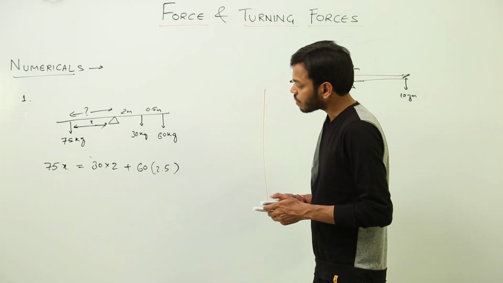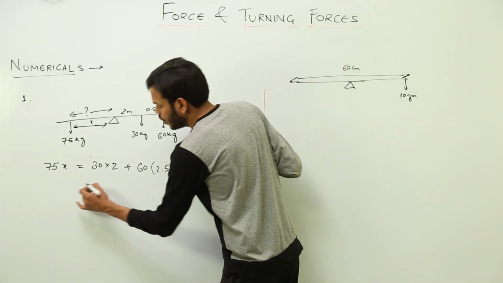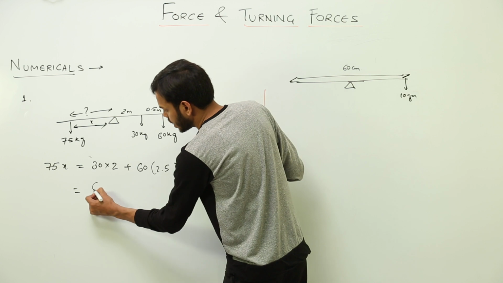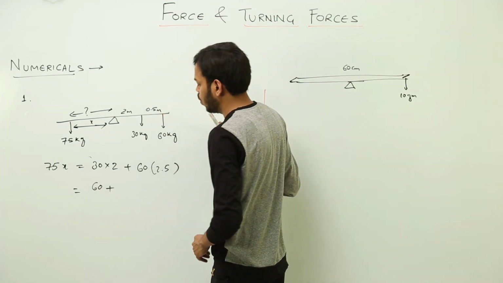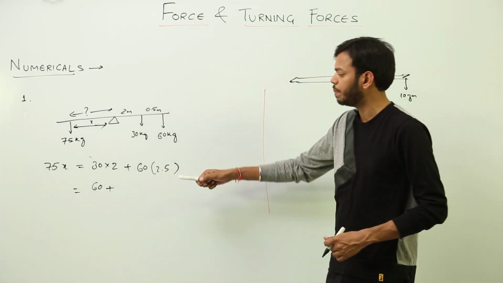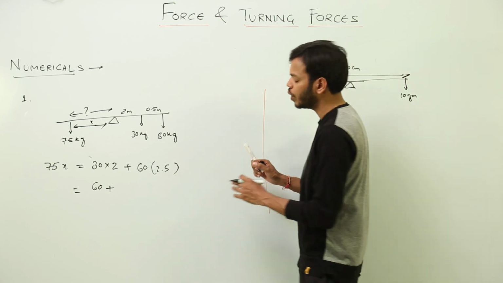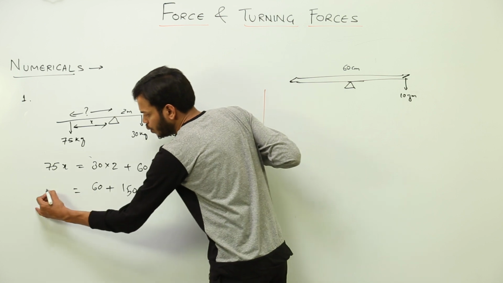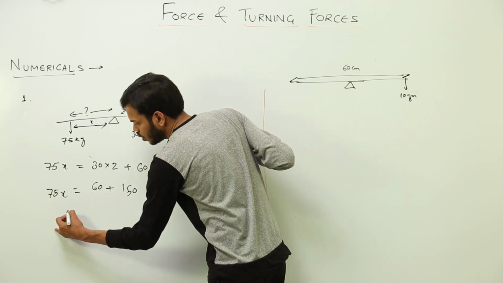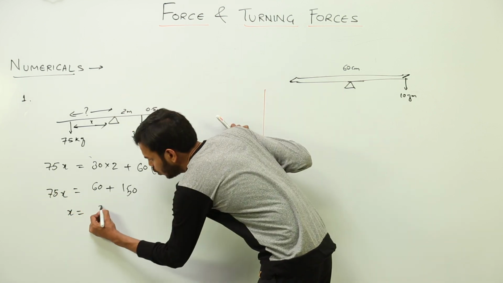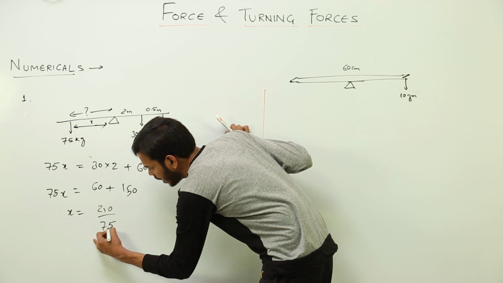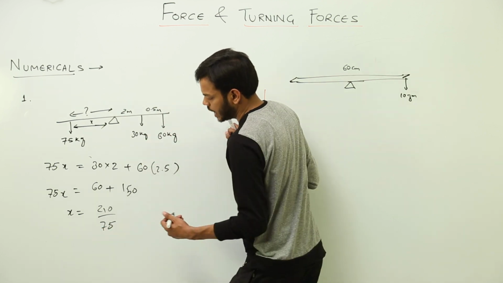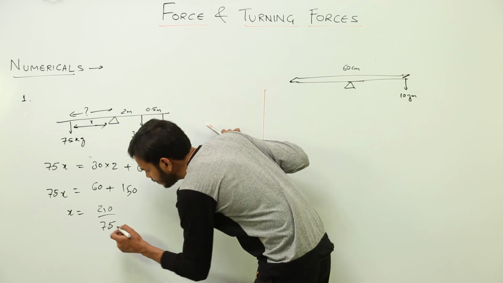Now to find the answer, this is 60 plus, what is 60 into 2? 120, plus half of 60, that is 30. 120 plus 30 is 150. 60 plus 150 is equal to 75 times x, so x is equal to 210 upon 75. So I guess it will cancel out by 3 and 5 both.